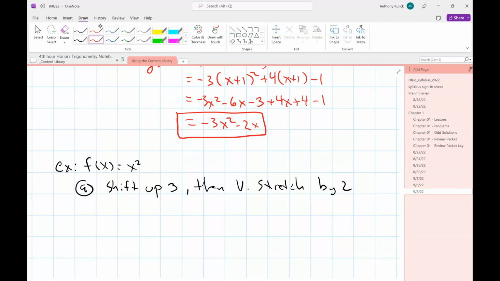And then in the next example, we're going to swap the order of those and see if we get the same function both times. Since we're talking about going up 3, that means the k is 3, and everything else is the null value. And if we're doing a vertical stretch by 2, that tells me the a should be 2, and everything else should be its null value.